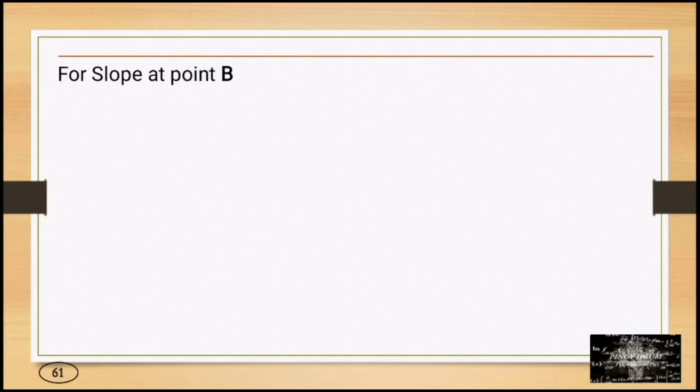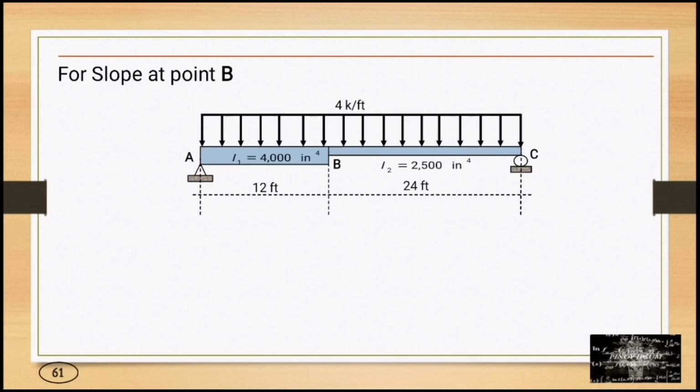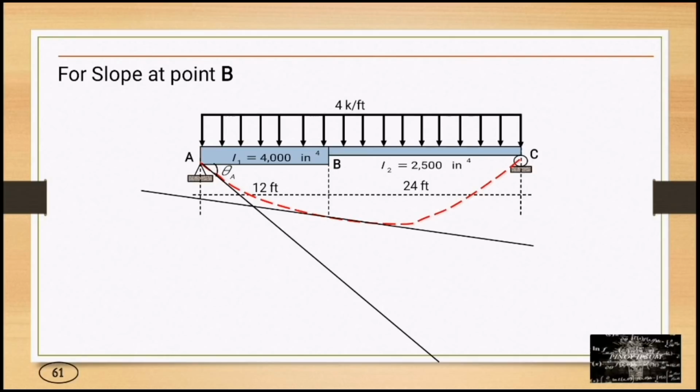For slope at point B, we have an elastic curve, then the tangent line at point A, we have angle theta A, then we have tangent line at point B with horizontal line.